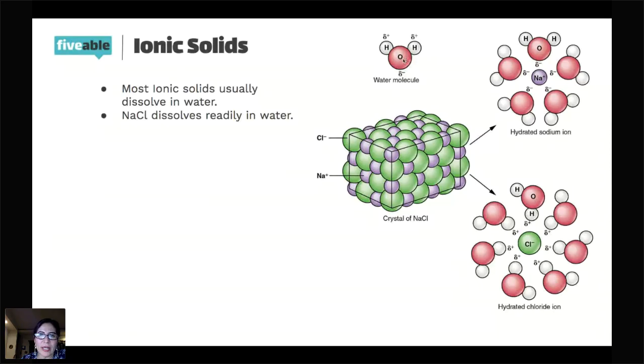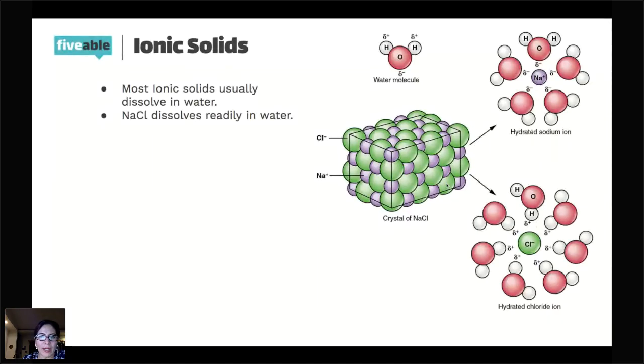So this one ionizes the salt in the way that all the sodium ions will break apart from the solid and will be surrounded by water molecules. And the water molecules will align themselves so that the negative part is facing the sodium ion. And then the opposite will happen with chlorine.